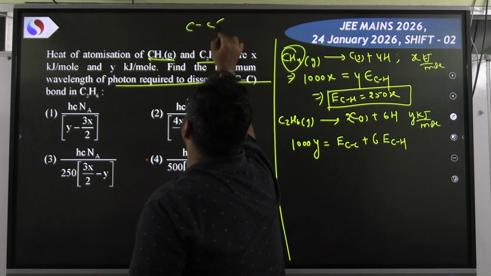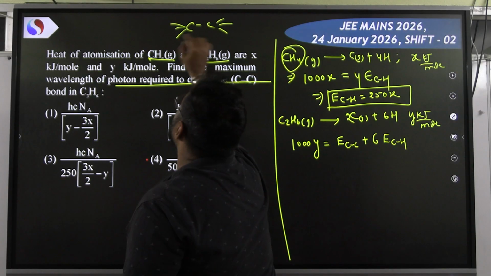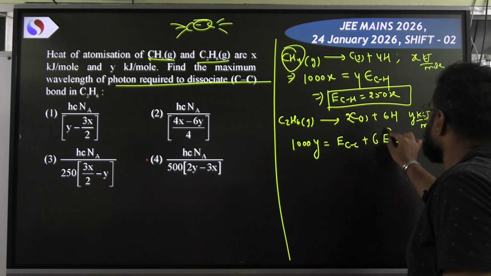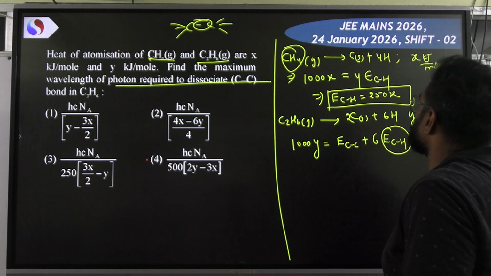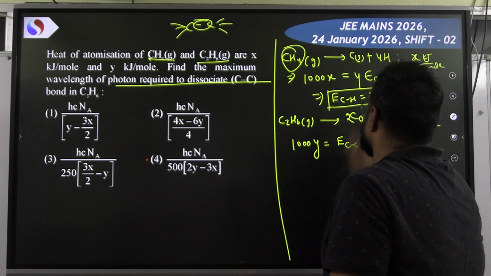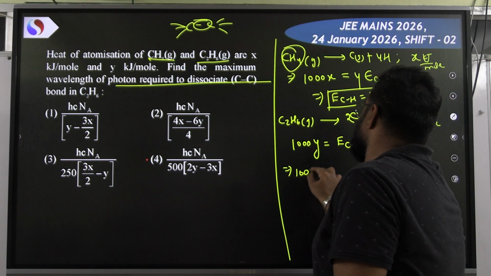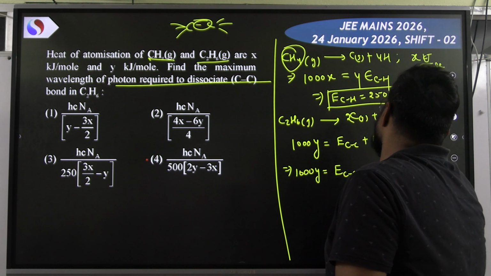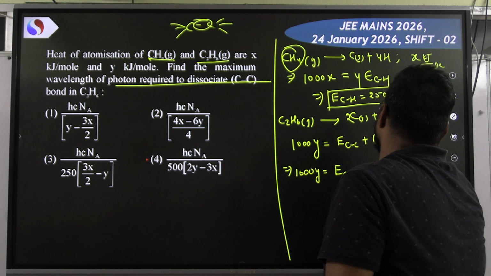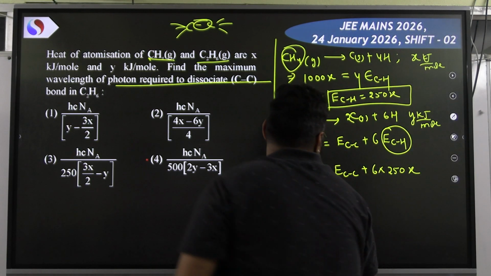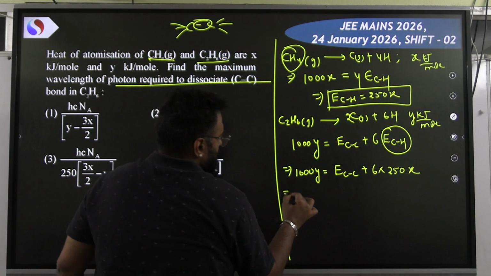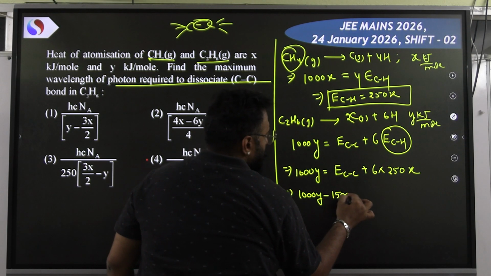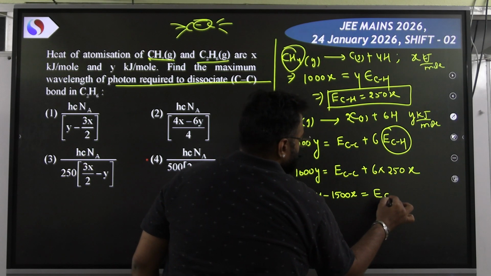And what is the energy of CH bond? It is nothing but 250x. So 1000y is equal to energy of carbon plus 6 into 250x. So 1000y minus 1500x is equal to energy of carbon.